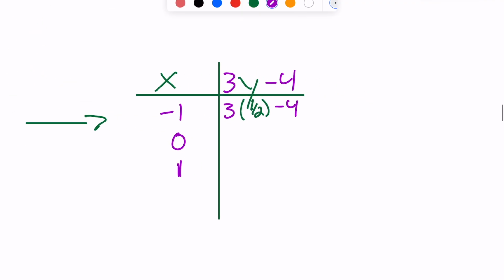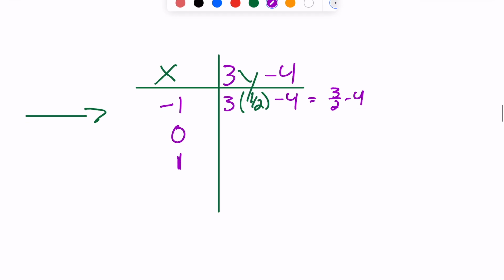So doing that, well, we got fractions, so that's like me saying 3/2, take away 4, which is the same as -2.5. So your new coordinate you're plotting is an x of -1 and a y of -2.5.